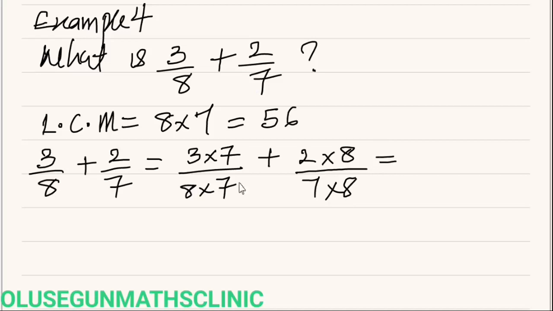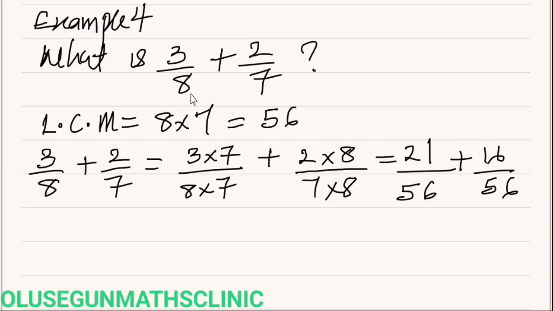Therefore, this will give you 21 over 56 plus 16 over 56. So you have turned fractions that did not have the same denominator into fractions that have the same denominator.